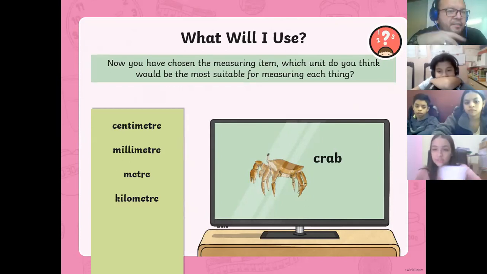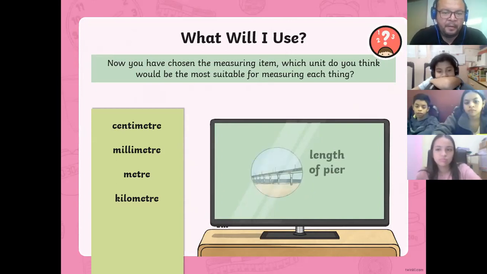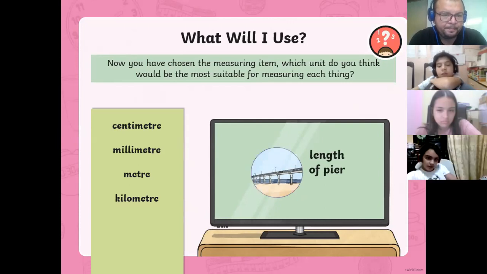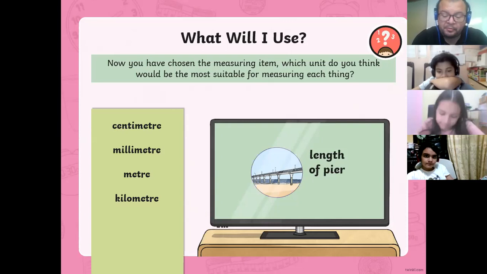Okay, a crab, it's centimeter. Length of a pier. Could be kilometer, could be meter, could be both, because some piers measure only meters. Some of them measure kilometers, actually.